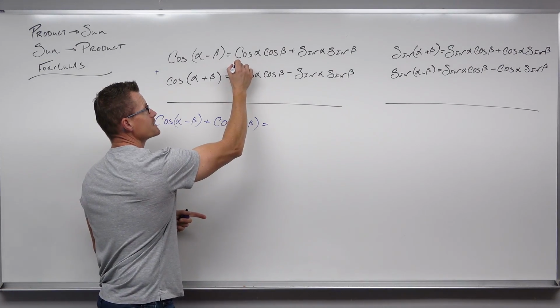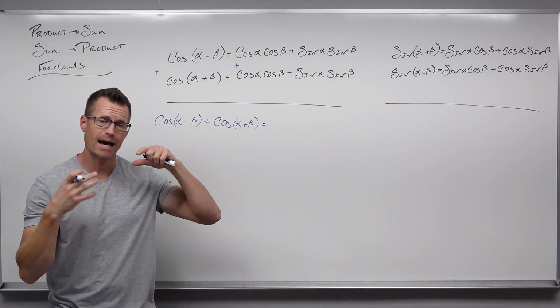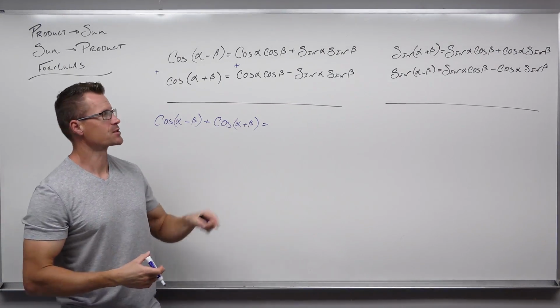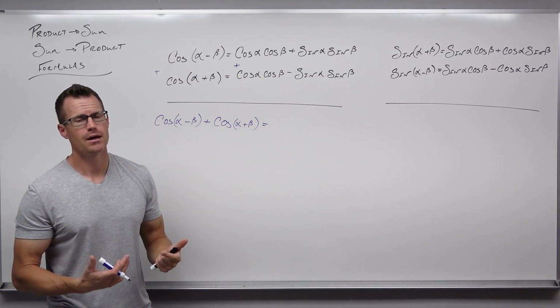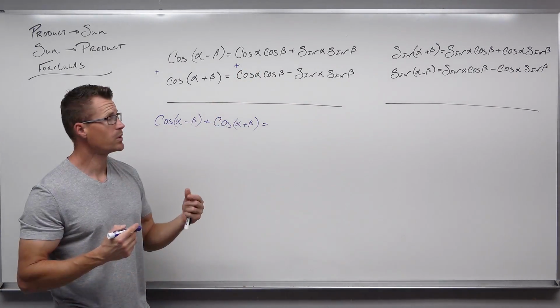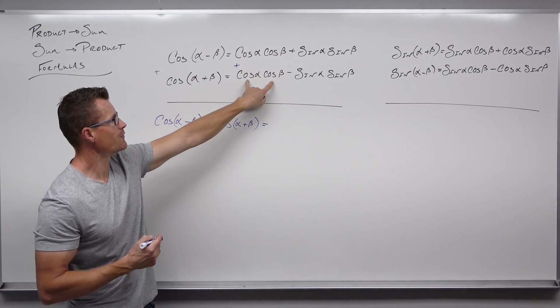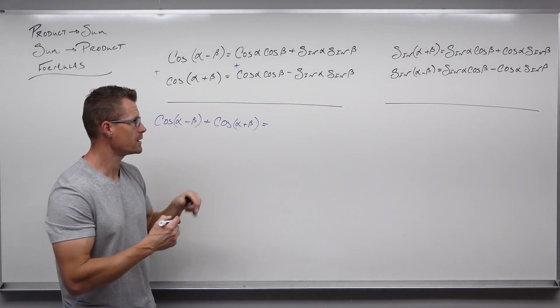If you remember anything about systems of equations, you can add equations as long as you add one side and add the other side at the same time. So we're adding the left side, we're adding the right side, but what happens on the right-hand side? If we take a look at this, we would get cosine alpha cosine beta plus cosine alpha cosine beta. We would get 2 cosine alpha cosine beta.